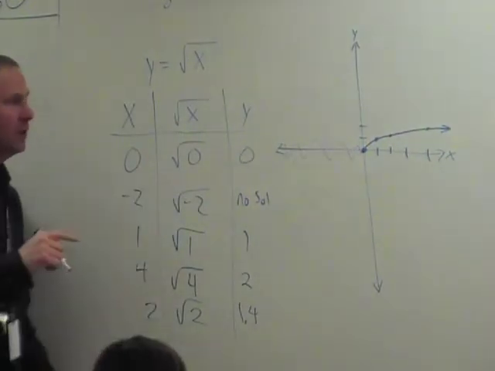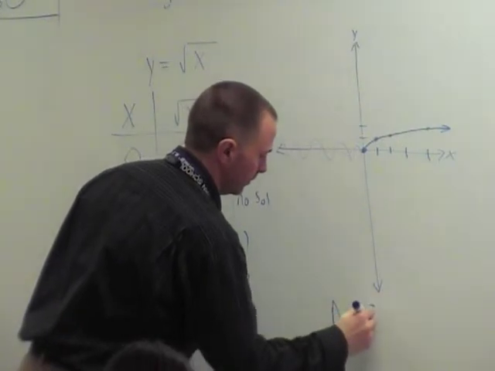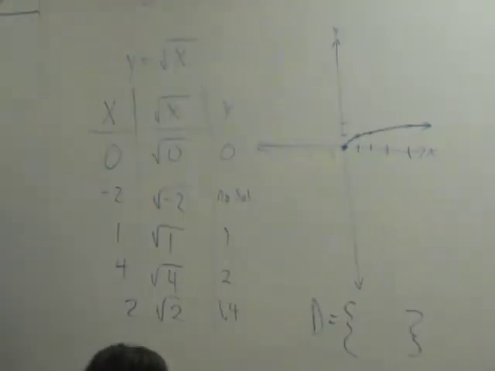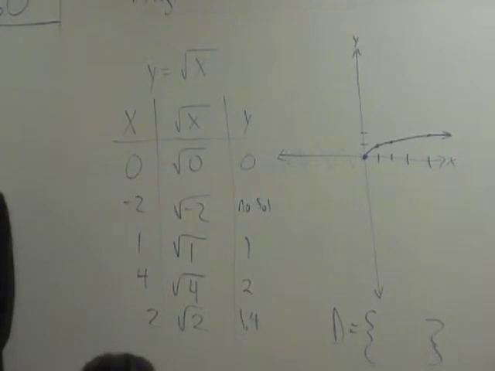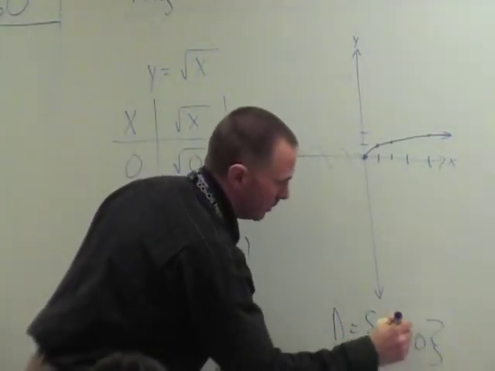Now I just want to show you something. What's the domain value of this? Domain is all the x values that make this real, make this true, make it work. What are the x values that work? X is greater than or equal to 0.